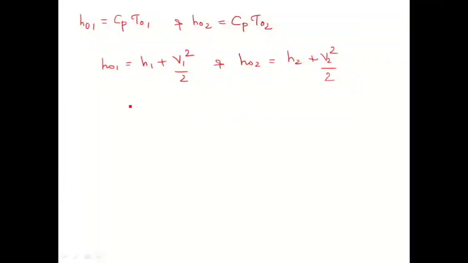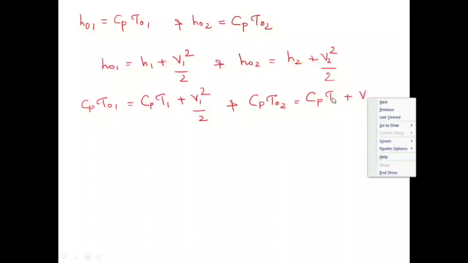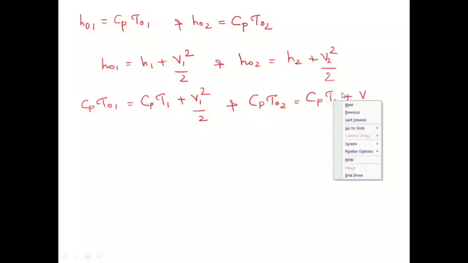So H01 becomes Cp T01 equals Cp T1 plus V1 square by 2, and H02 becomes Cp T02 equals Cp T2 plus V2 square by 2.